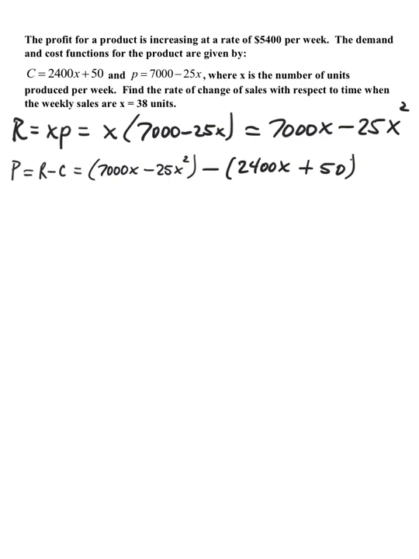Distributing the negative and combining like terms, we will get P equals, there's only one x squared term, and it's a negative 25x squared. 7,000x minus 2,400x, that's 4,600x. And then the only constant is 50. It's in the second set of parentheses, so minus 50. Very good. Be very careful.